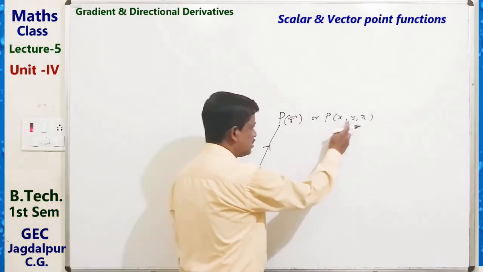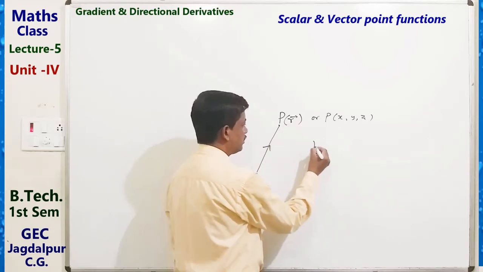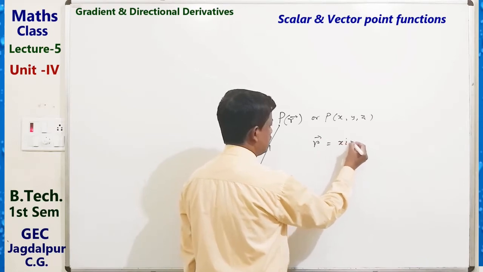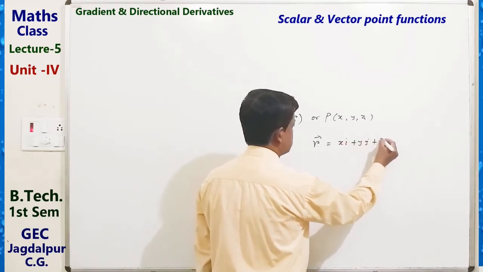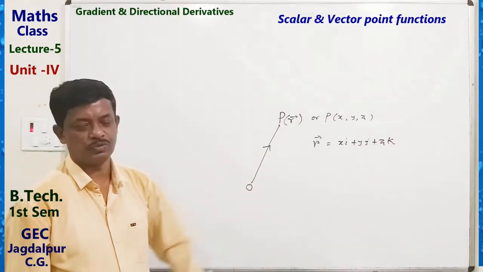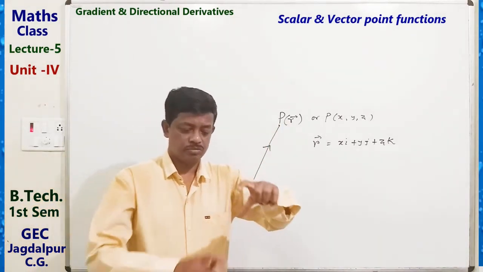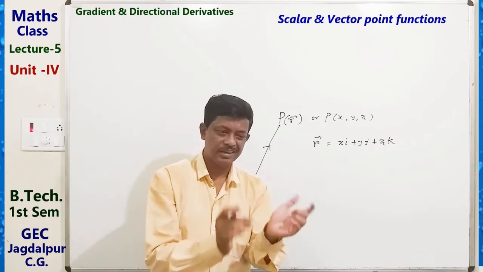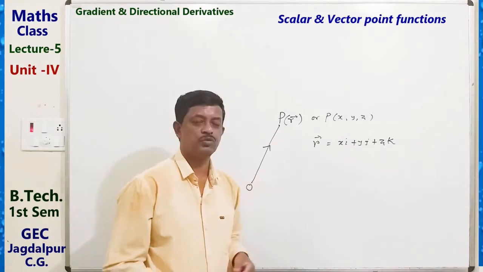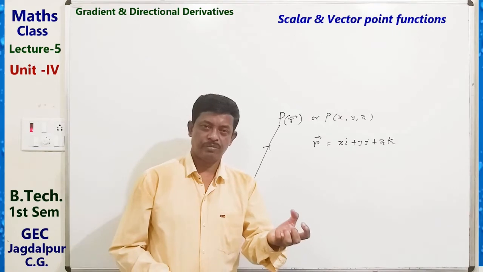If the rectangular coordinates are X, Y, Z, then in 3D the vector R equals Xi plus Yj plus Zk. This is the position vector of this point. Corresponding to a point in a region of space, we can get a scalar value.